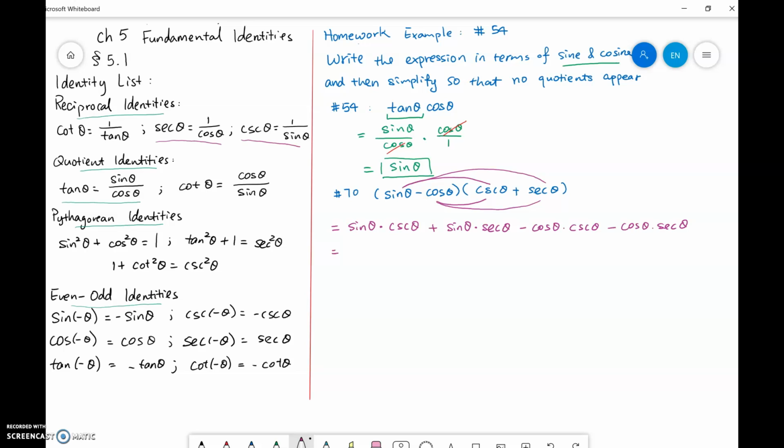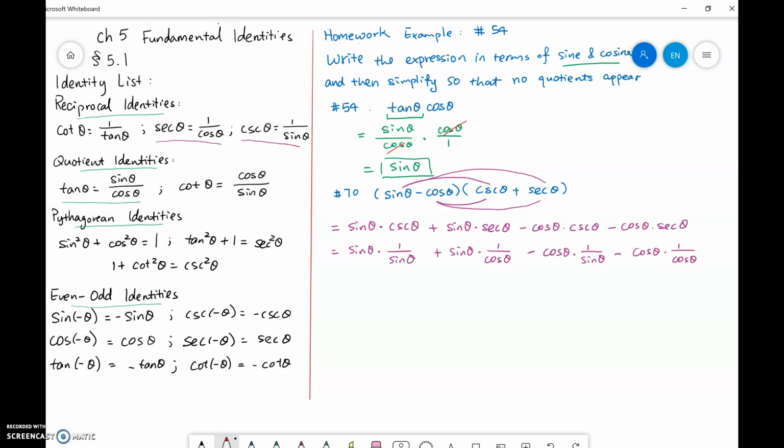If I rewrite the secants and cosecants in terms of 1 over cosine or 1 over sine, I'm going to have sine of theta multiplied by 1 over sine of theta plus sine of theta multiplied by 1 over cosine of theta minus cosine of theta multiplied by 1 over sine of theta minus cosine of theta multiplied by 1 over cosine of theta.